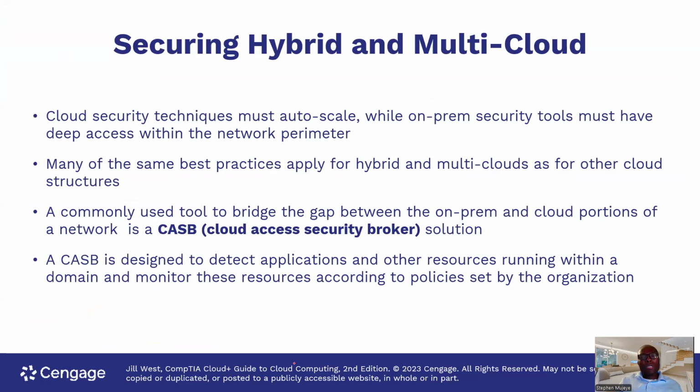In terms of security, you may be supporting an organization that has on-prem and cloud presence. So there are some hybrid alternatives. You also need to keep in mind that some cloud security techniques must auto-scale, while on-prem security tools must have deep access within the network perimeter.